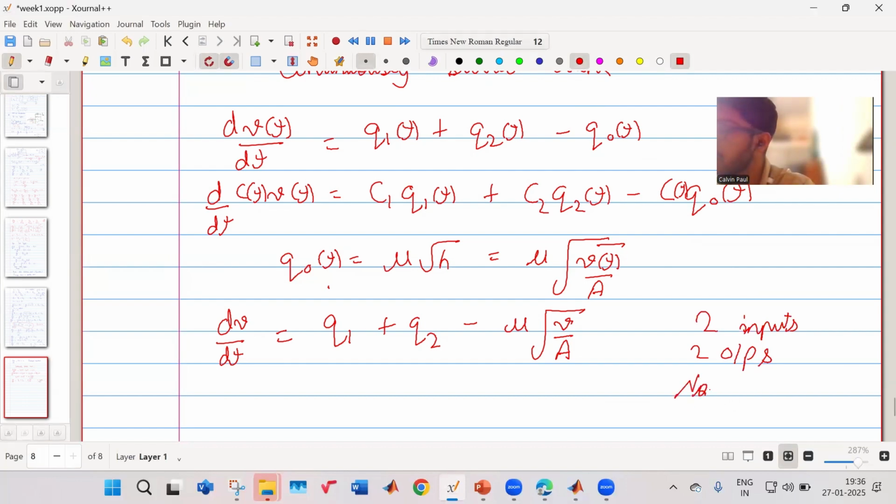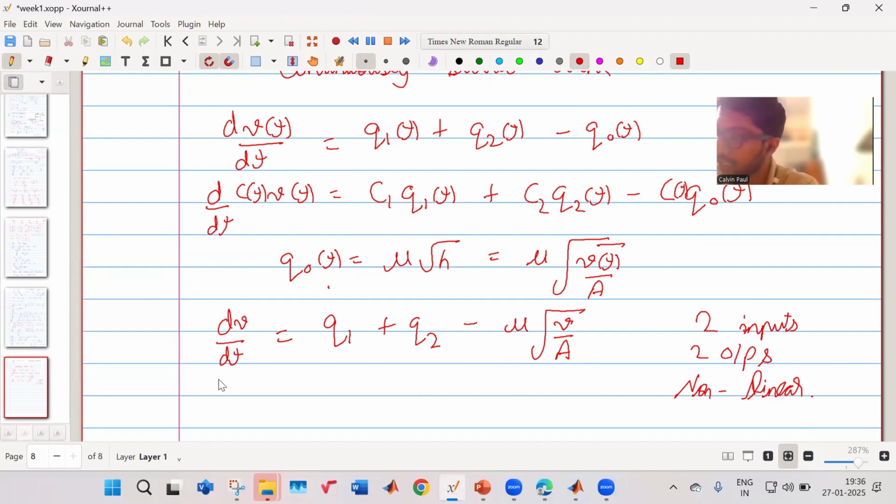Okay, so this is actually a non-linear system. Actually, Bindu, it's a non-linear system because of the square root. Since this is a non-linear system, we have to be very careful.